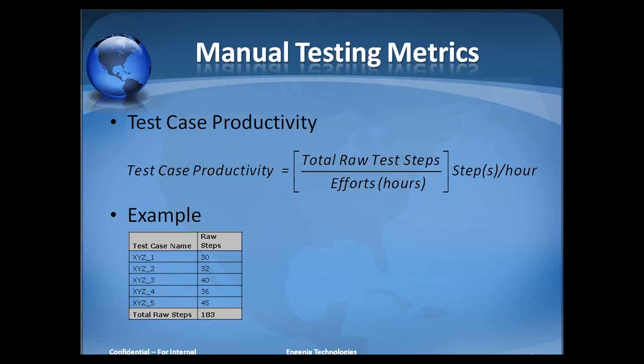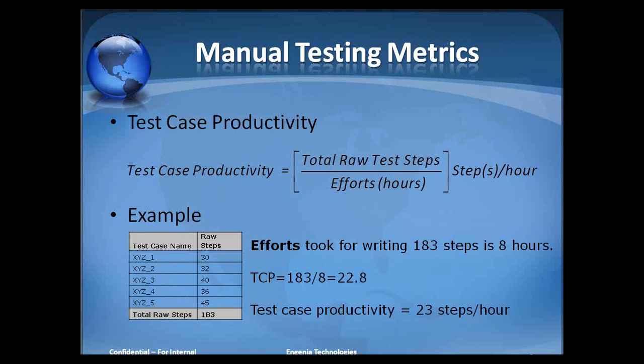Let's take the example of these test cases. We have 5 test cases, and each test case has this number of steps. Test case 1 has 30 steps, test case 2 has 32 steps, 3 has 40, 4 has 36, and 5 has 45. So in total, we have 183 steps.